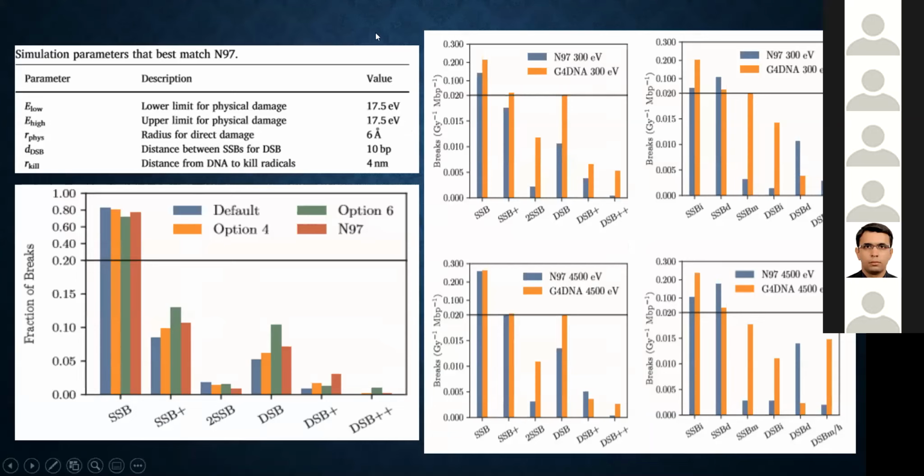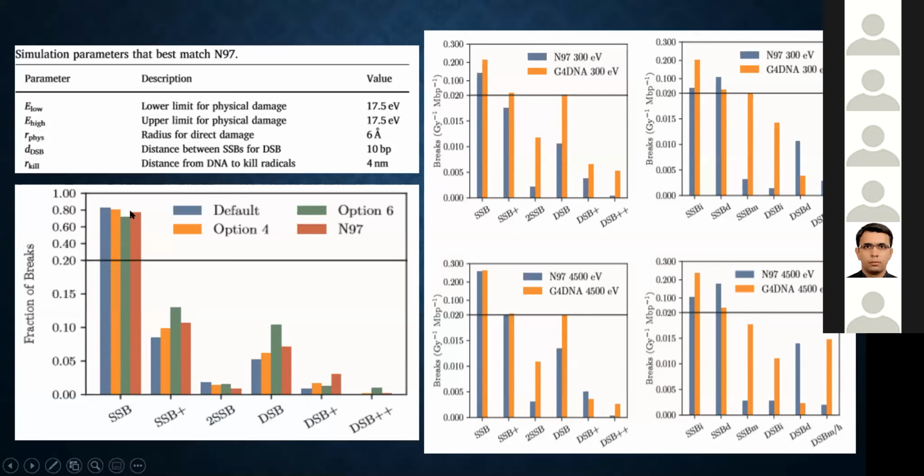As you can see here, these are the values considered in the modeling in order for the results to be comparable to N97. They call it the best match. This article also compares option 2, option 4, option 6, and also N97, and how they simulated the physical interactions.